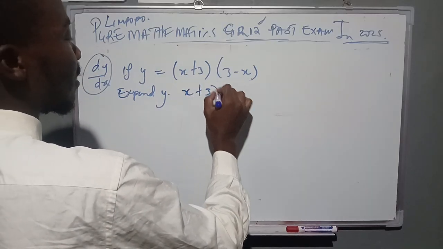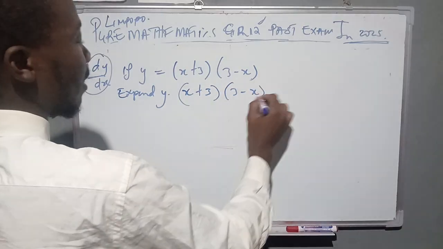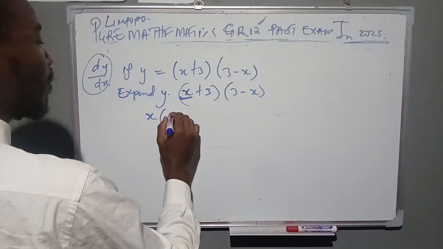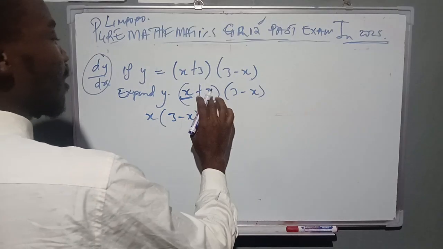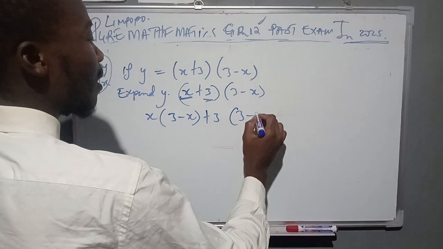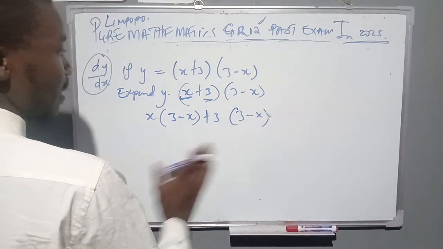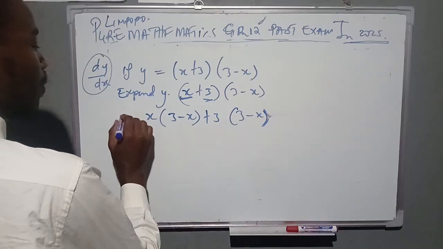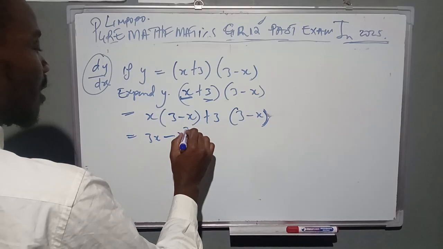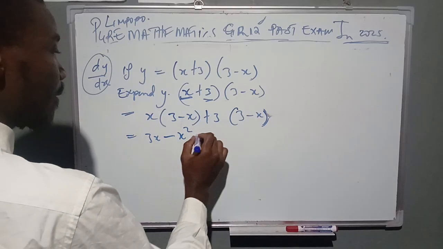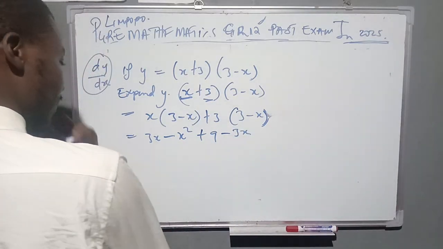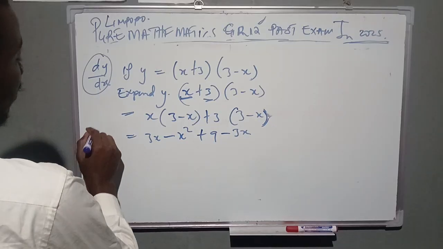When we expand, we take the first term in the bracket and multiply by the second bracket. Then we take the second term of the first bracket and multiply by the second bracket, like that. So now x times 3 is 3x, x times minus x is minus x squared, right, plus 9 minus 3x, like that. So this is y now.